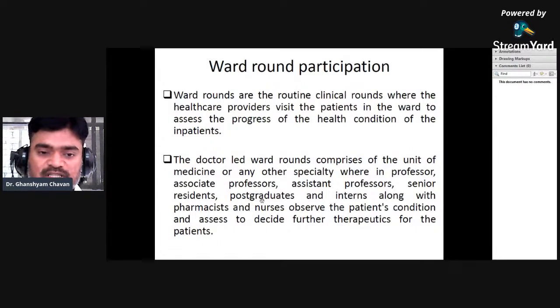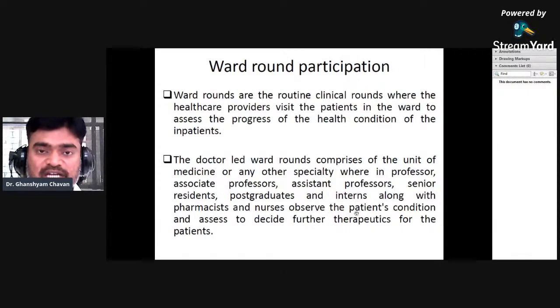For example, the students who are doing MD or MS, and in case of pharmacy they are doing M-Pharm, and the interns means the undergraduate students who are doing their MBBS or BMS or BHMS, or the B-Pharm students, along with the pharmacist and nursing staff, who routinely observe the patient's conditions.